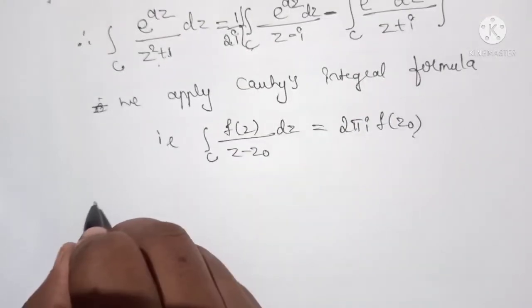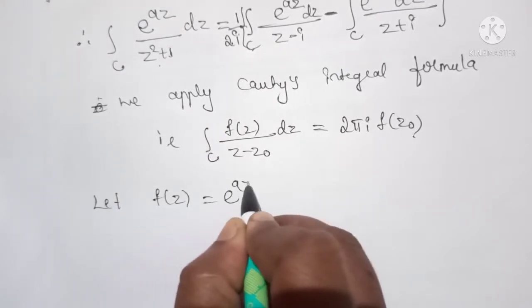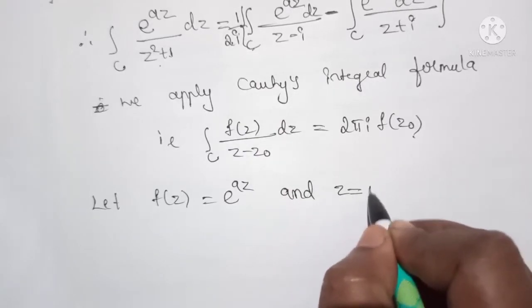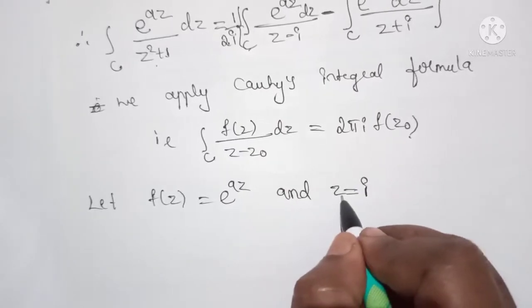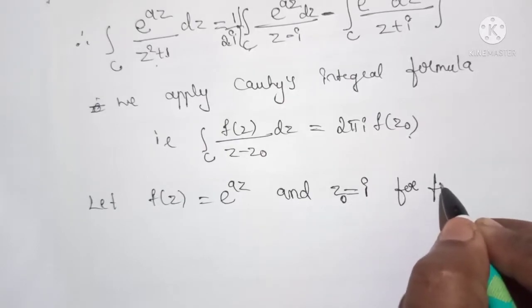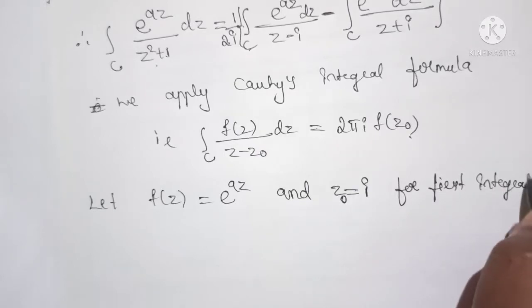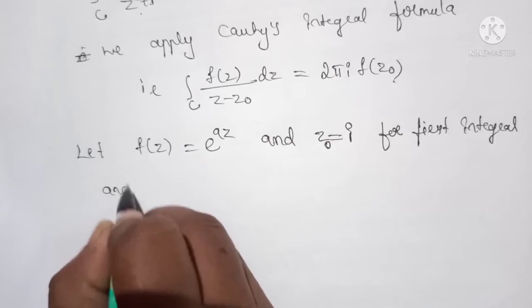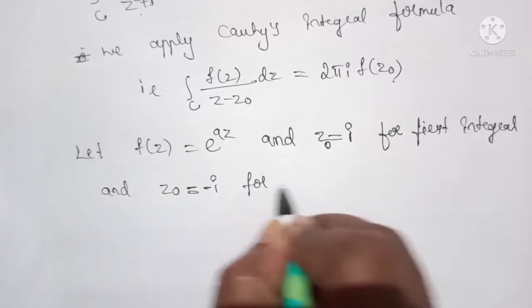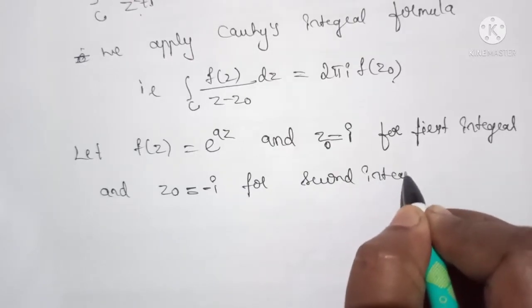So let f of z equal e raised to az, and z naught equals plus i for the first integral and z naught equals minus i for the second integral.